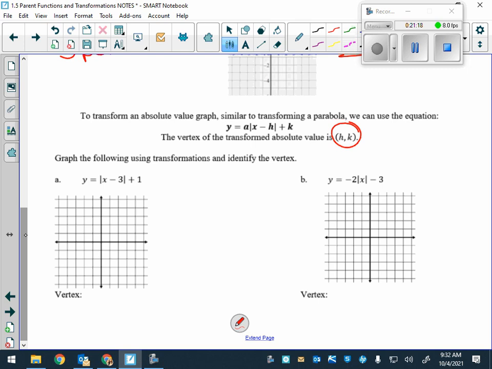What is my vertex? Okay, 3, 1. So if my vertex is 3, 1, what types of transformations happened? What is one transformation? Jaden. Right 3. Tommy, what's another? Up 1. Good. What is my A value here? Okay, 1.